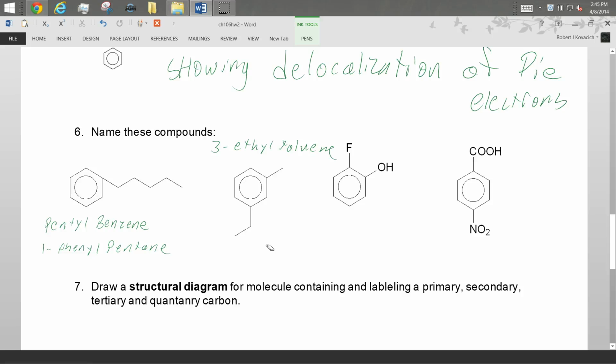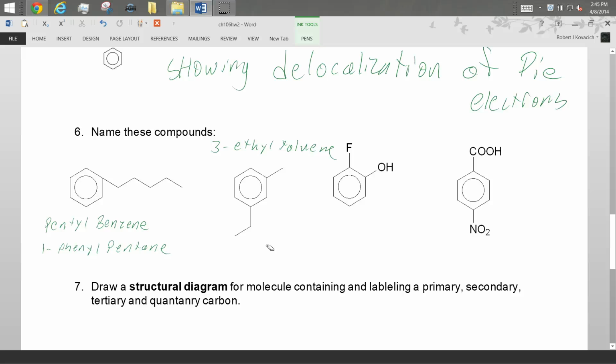What else could he have used? No, it's meta. Para is on opposite sides. So you could have put meta ethyl toluene or m-ethyl toluene. Any other names you could have used? You could have used 1-ethyl 3-methyl benzene, or you could have said meta ethyl methyl benzene. Those names would have worked as well.